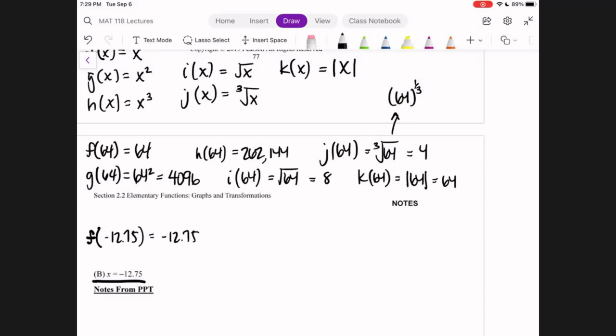Now this could change if you shift the identity function left or right, up or down, or stretch it, which we'll talk about because this section also does transformations. G of negative 12.75 is negative 12.75 squared. So you'll need your calculator for that. Let's see what we get.